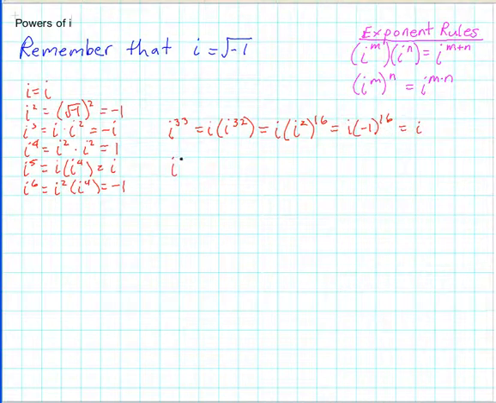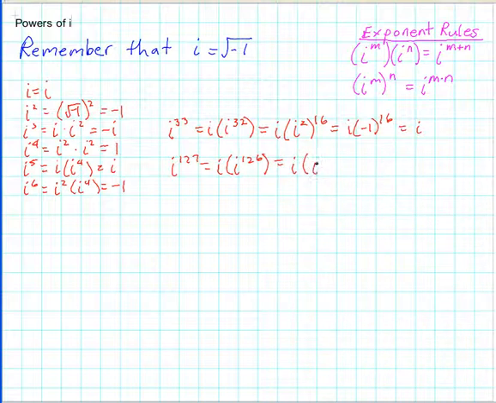Now let's try i to the 127th power. Again, this is an odd power, so the first thing I'm going to do is factor out an i and write this as i to the 126th power. Now that I've got my even exponent here, I'll carry along the multiply by i.